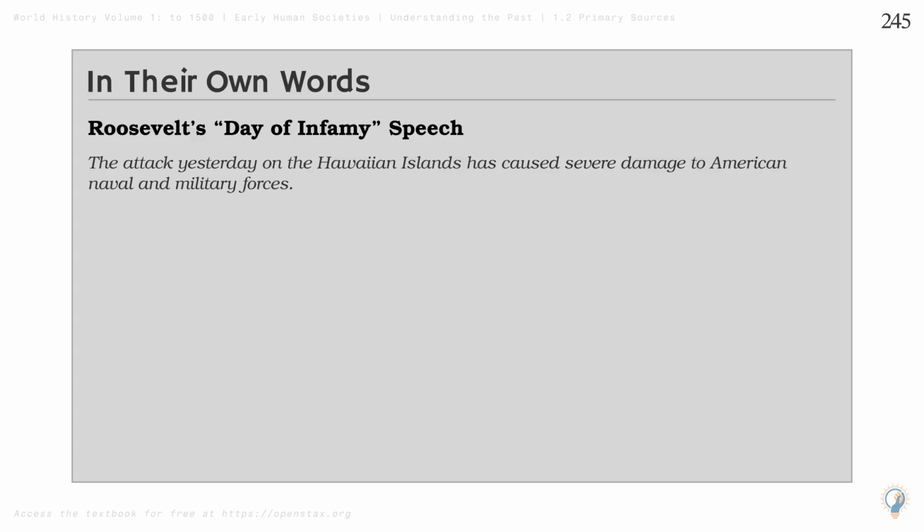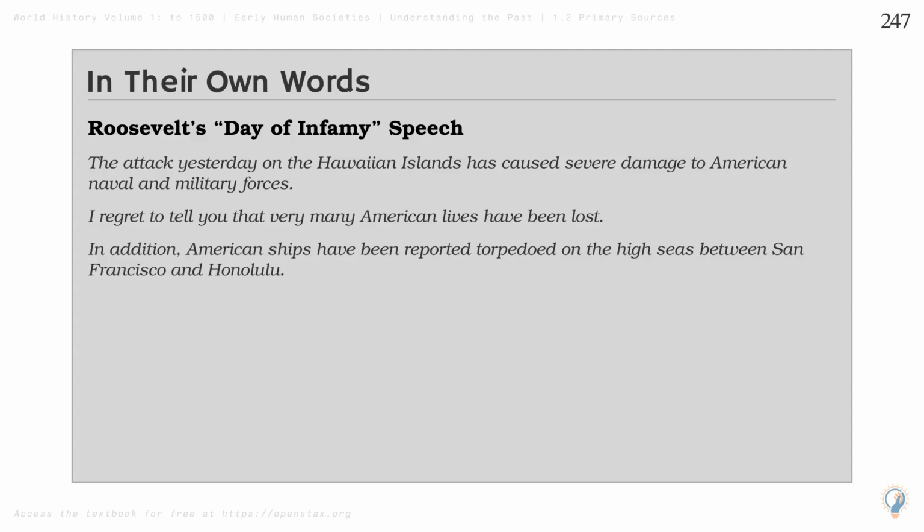The attack yesterday on the Hawaiian Islands has caused severe damage to American naval and military forces. I regret to tell you that very many American lives have been lost. In addition, American ships have been reported torpedoed on the high seas between San Francisco and Honolulu.